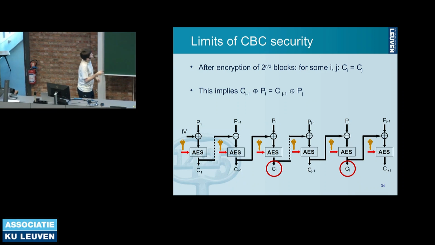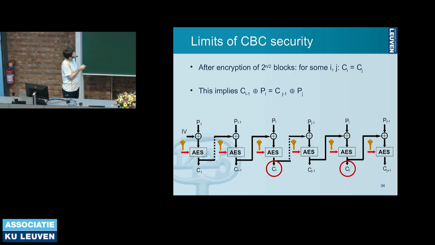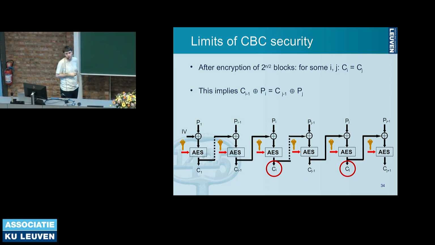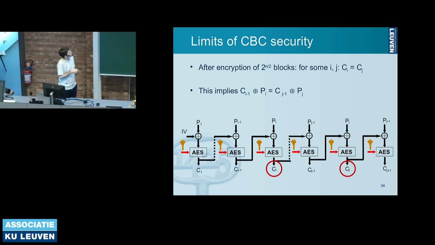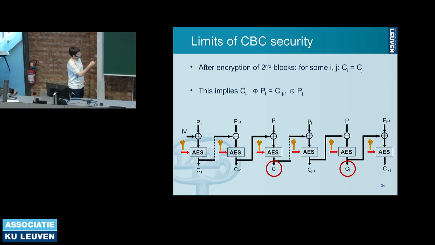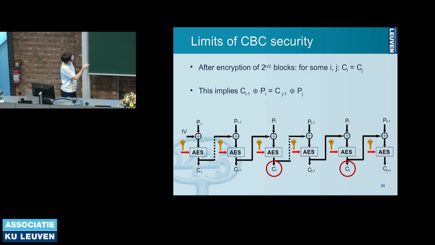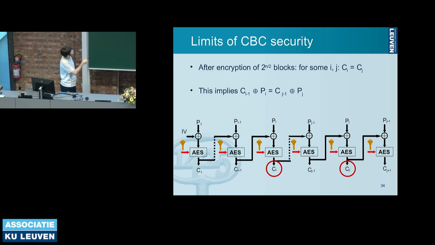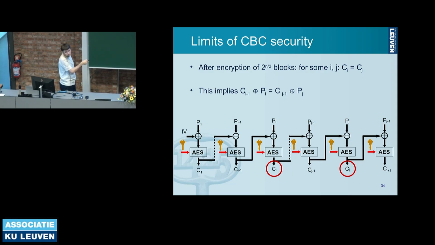But what happens is, once I have a collision between two ciphertext blocks, this is an invertible function. AES is an invertible function. So if the outputs collide, their inputs also must collide. That means Pi XOR whatever comes in must be equal to Pj XOR the previous ciphertext.